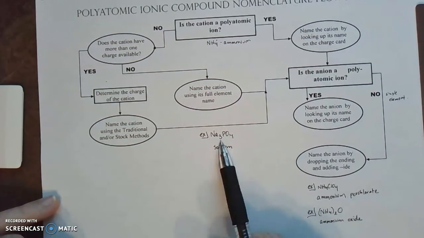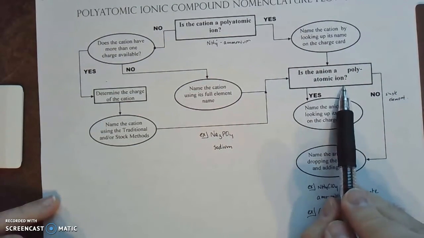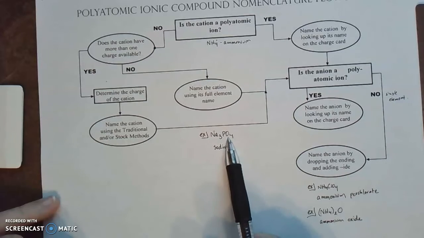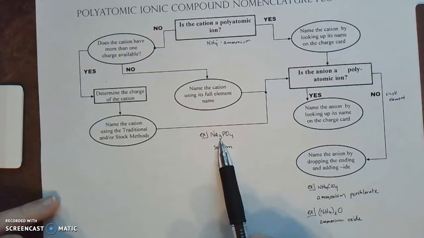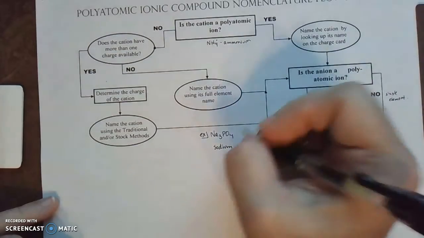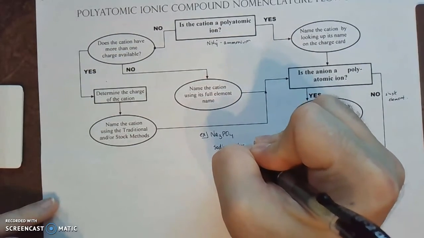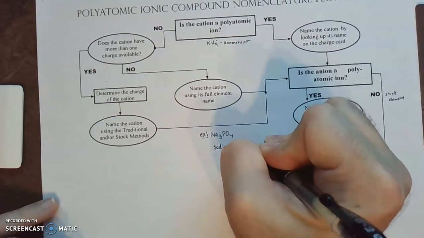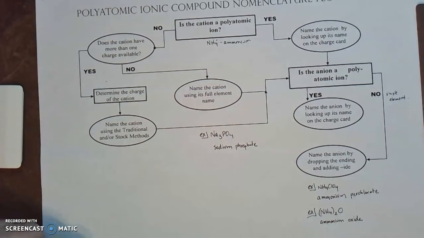Is the anion, the second part, a polyatomic ion? Well, yes it is. There's more than one element after the sodium. PO4, when we look it up, is phosphate. So we just write down its name, sodium phosphate.